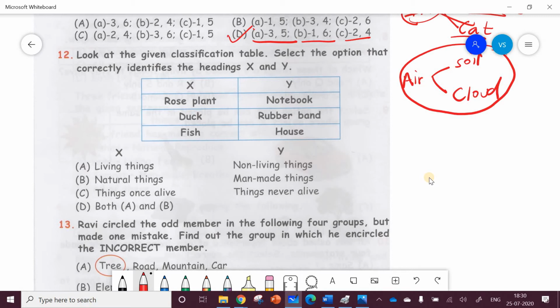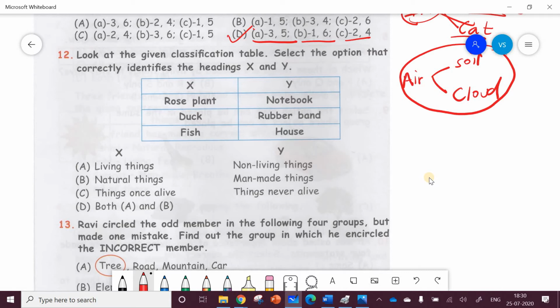Can you please read the question, Mickey? Look at the given classification tables. Select the option that correctly identifies the headings X and Y. Okay.